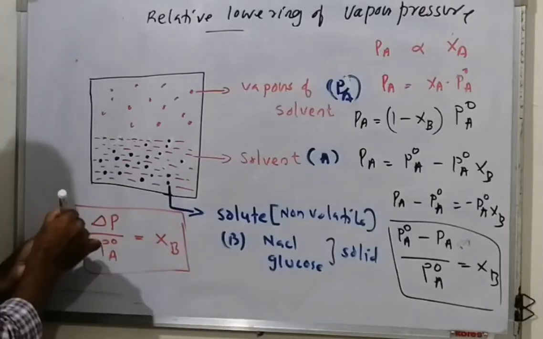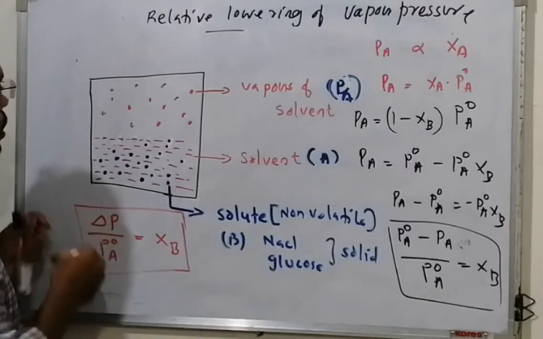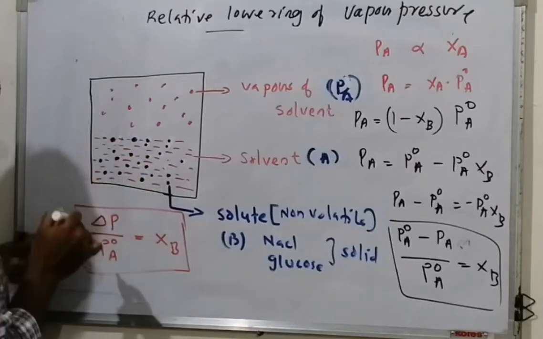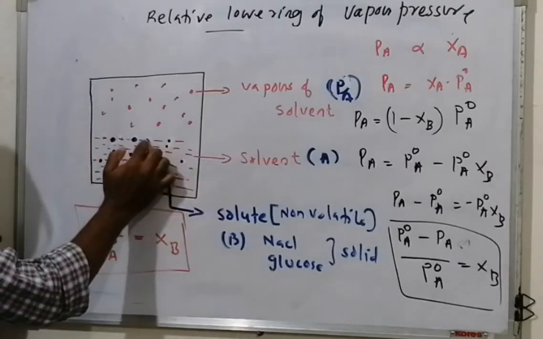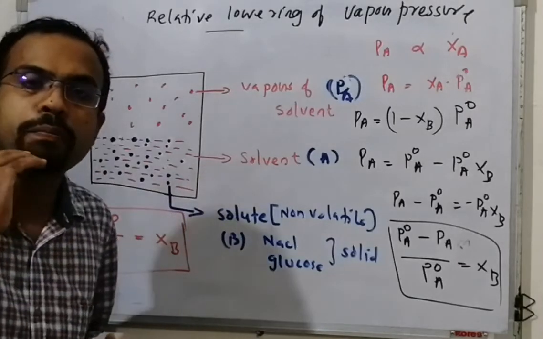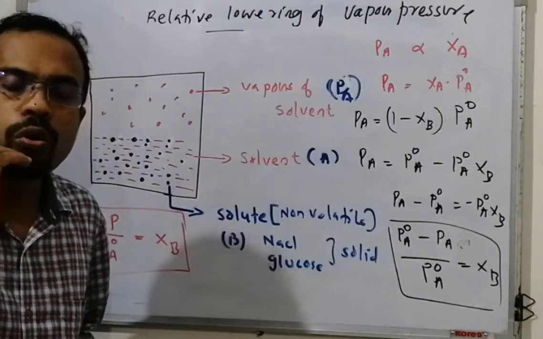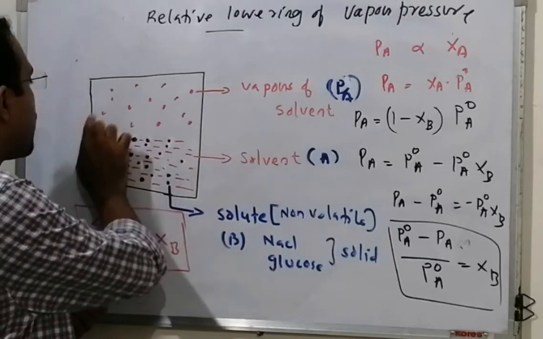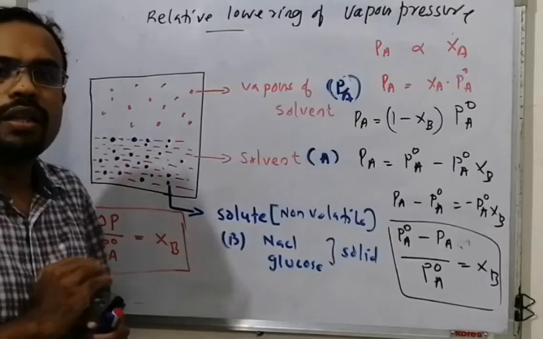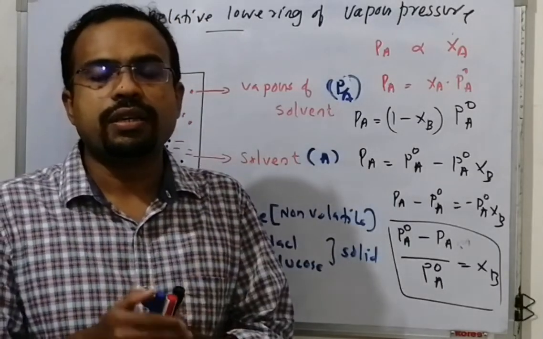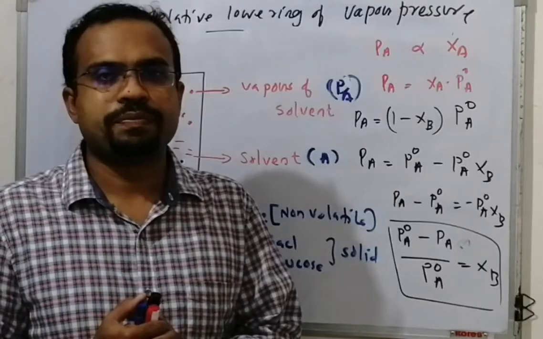But if there is a solute, some solute will occupy some positions on the surface. This solute will not move away, so it permanently blocks those routes for vaporization. Now only this much can be vaporized. Therefore, when the amount of solute increases, vaporization decreases and vapor pressure decreases.